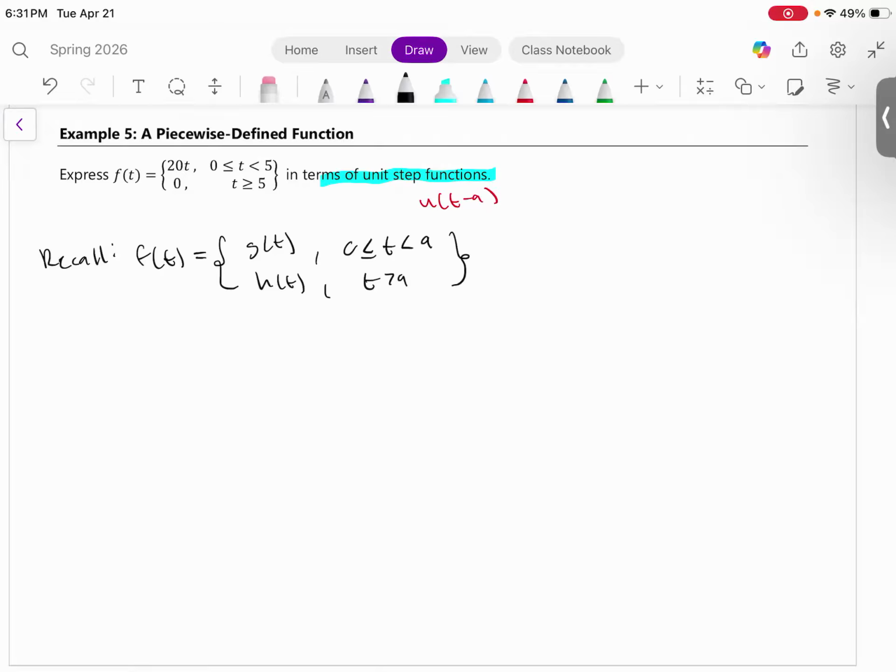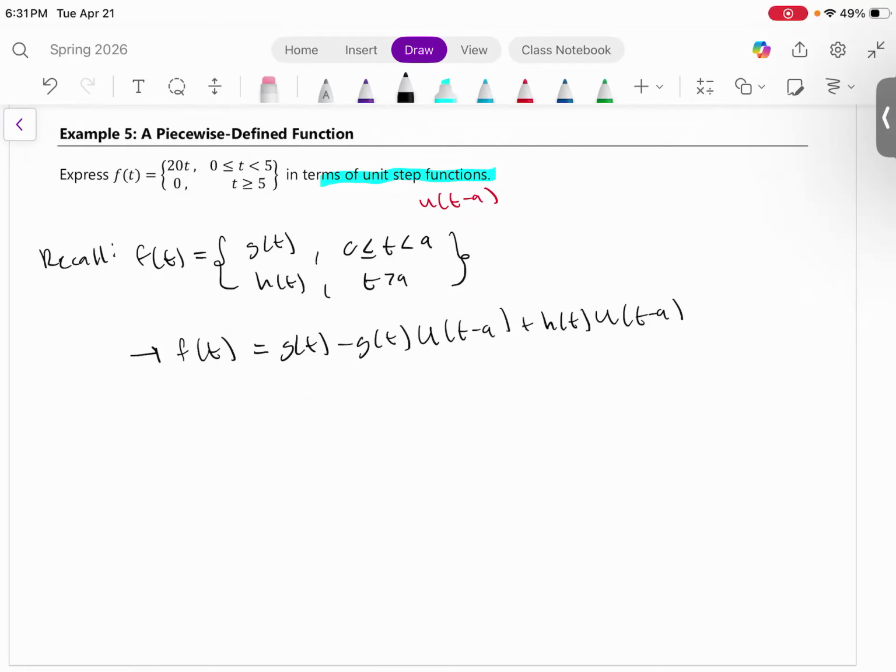And what does it turn into? It turns into f of t equals g of t minus g of t times the unit step function u of t minus a, plus h of t times the unit step function u of t minus a.